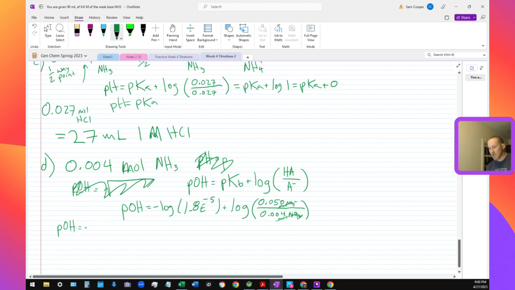So the pOH is going to equal the negative log of that, which is 4.745, and that ratio of essentially 50 divided by 4 equals 12.5. So plus the log of 12.5, which is going to equal the 4.75 right there.